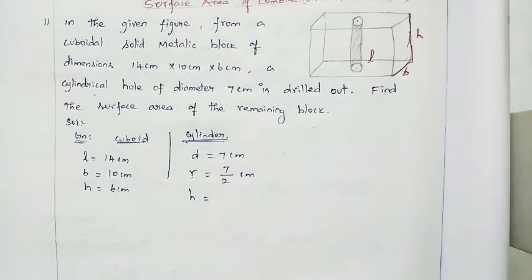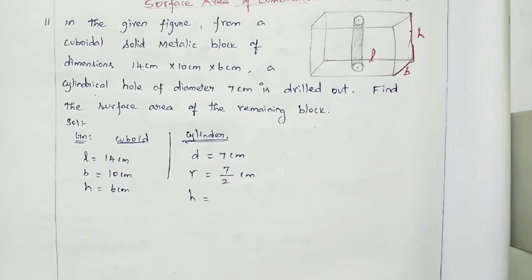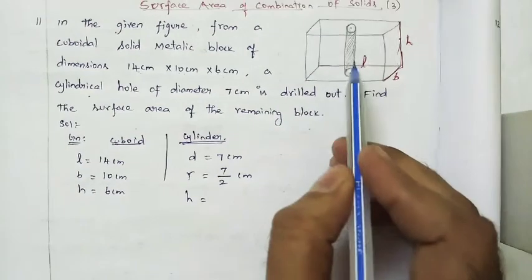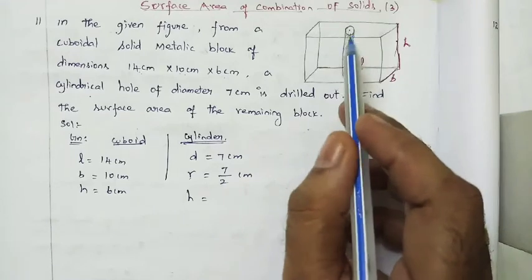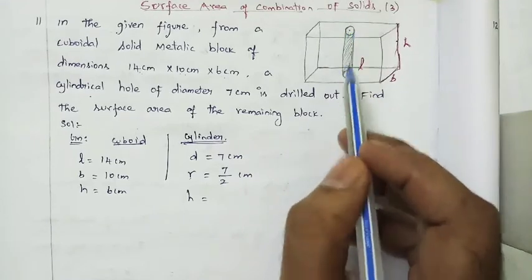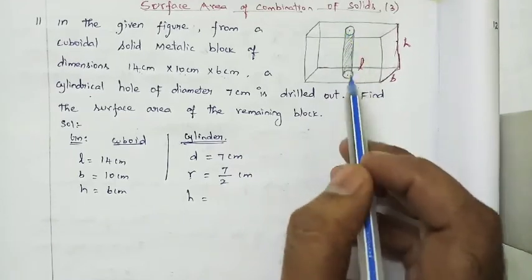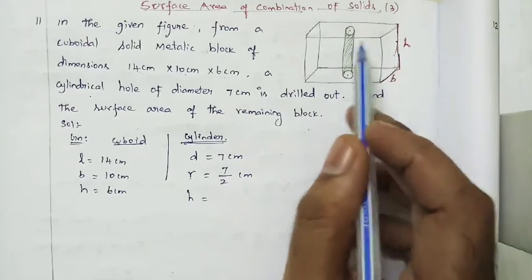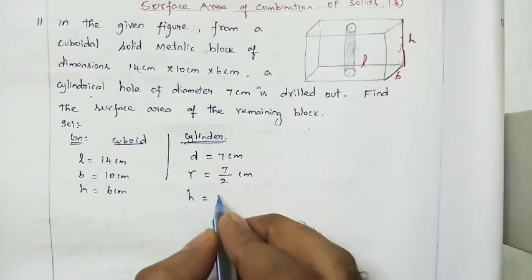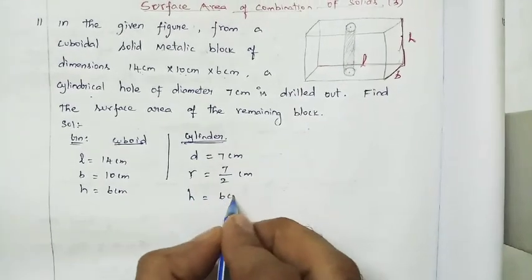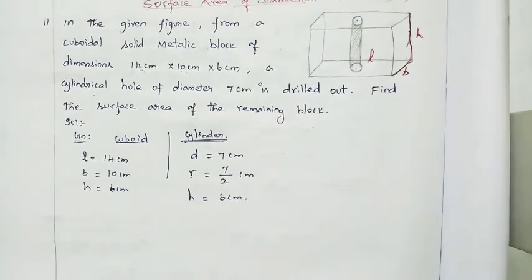Understood? In the cuboid we are drilling out one cylinder, so the height of the cylinder is the same as the height of the cuboid. So the height of the cylinder is 6 centimeter. Now we got all the values.